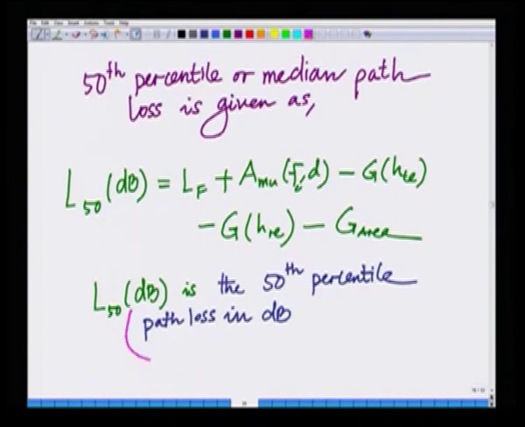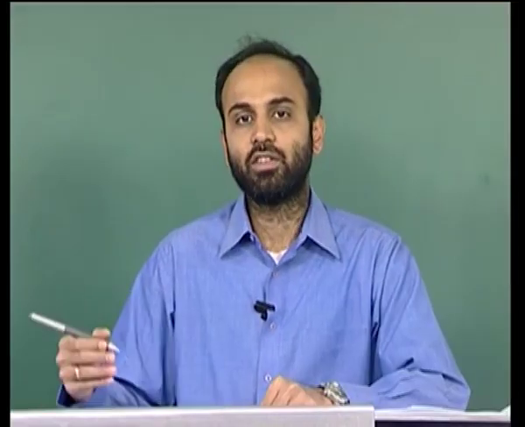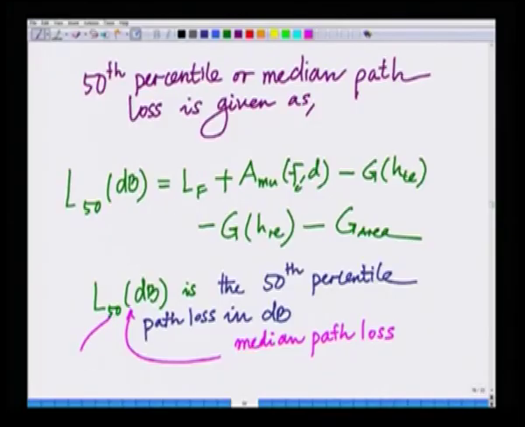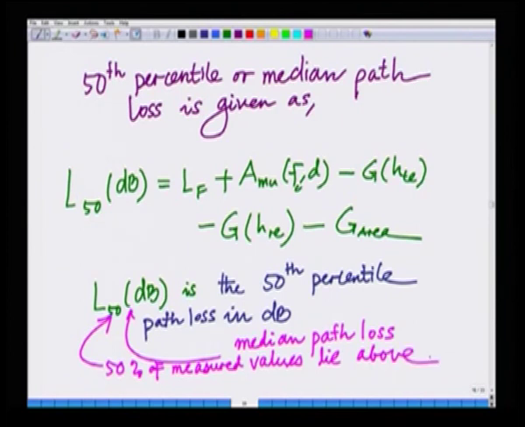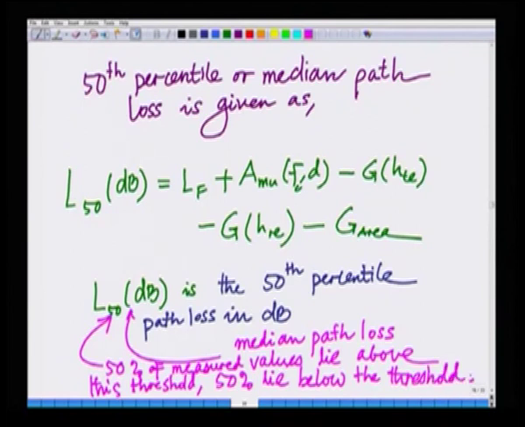This essentially means this is the median path loss, and 50% of the measured values lie above this threshold and 50% of the measured values lie below this threshold.